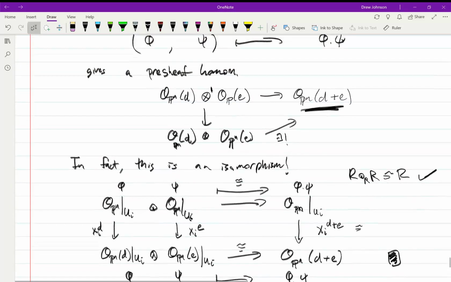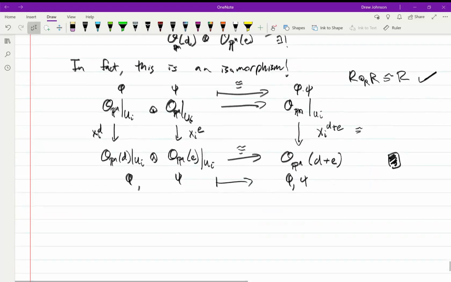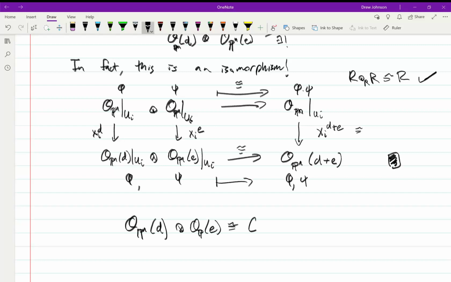So the result is that, let me write the summary down here. O_{P^n}(d) tensor O_{P^n}(e) is isomorphic to O_{P^n}(d+e), where we do have to take the actual tensor product with the sheafification.